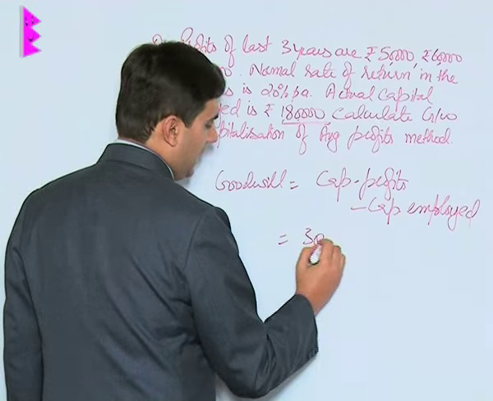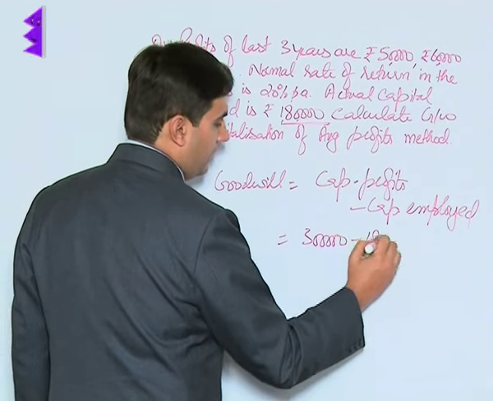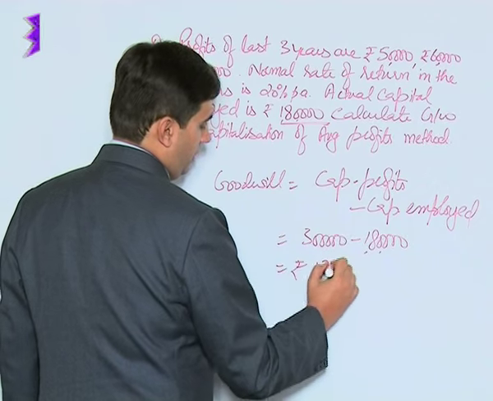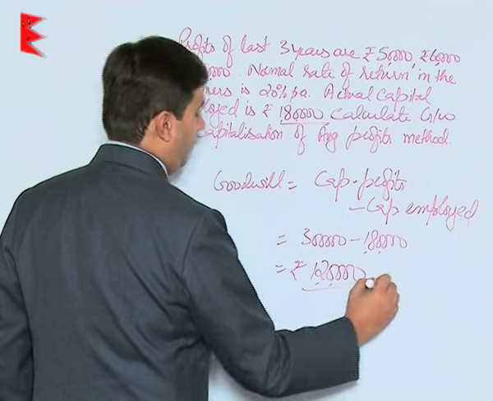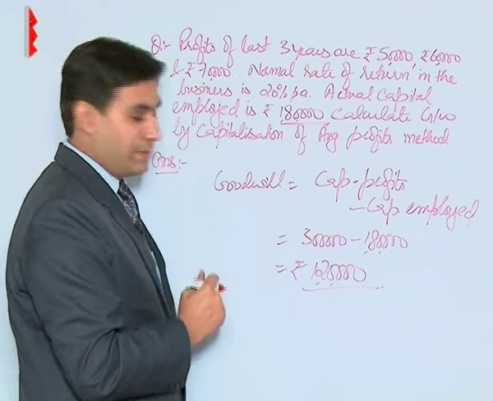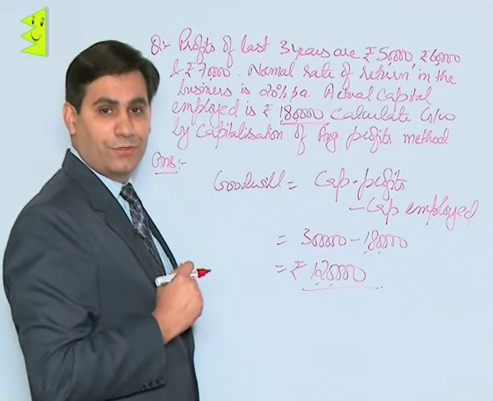So that would be 3 lakh minus 1,80,000, which is 1,20,000. So goodwill based on capitalization method is 1,20,000.